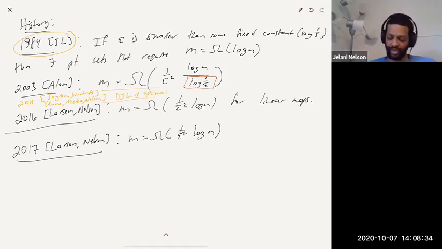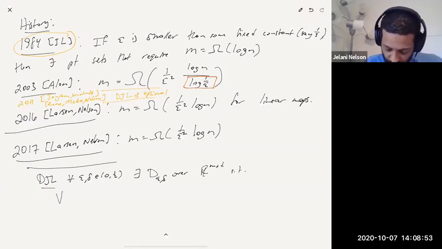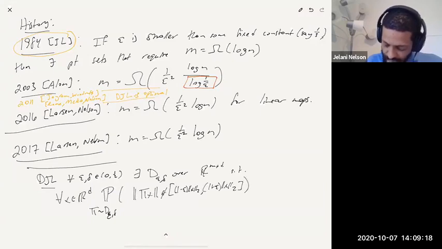Right, so remember distributional JL. Distributional JL says for all epsilon, delta, there exists a distribution D_{epsilon,delta} over matrices such that for all x in R^d, the probability over choosing a random matrix from that distribution that you fail to preserve the norm is at most delta.